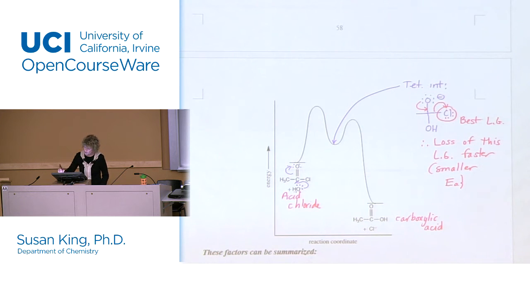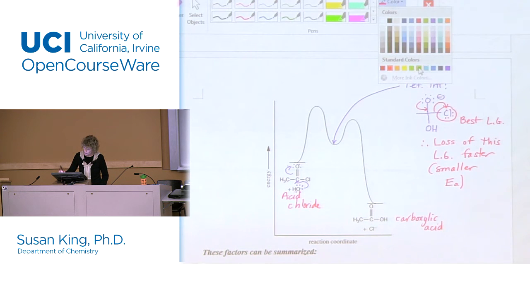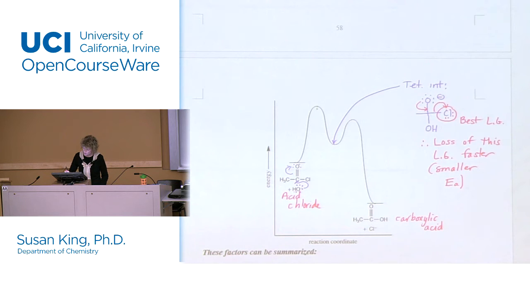So we have two things going on here. We've got a great leaving group, so that's going to be a small energy of activation. We also have a small energy of activation for the first step. So this is EA1, this is EA2. So EA1 is small, so therefore we have a fast first step.